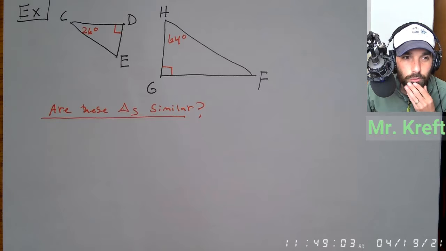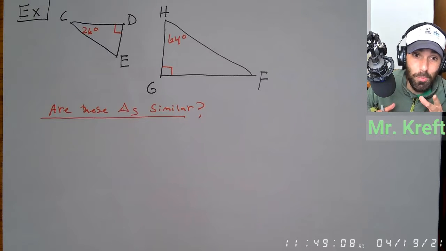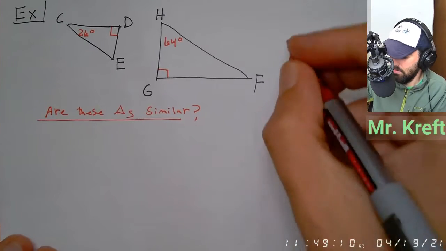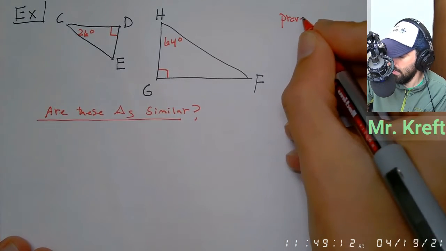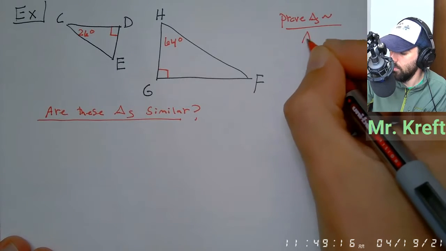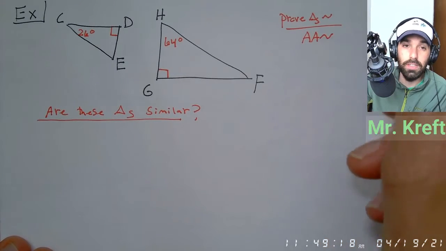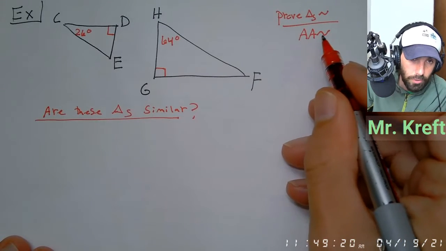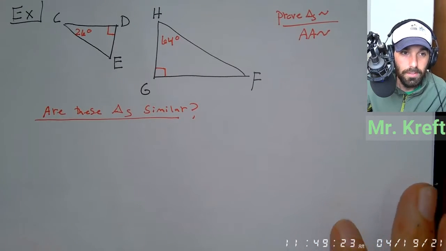So remember, we only have one way to prove triangles are similar, right? So over here, I'm going to write: prove triangles similar. We only have one way, and that's AA similarity. And you just do the AA with the little similarity symbol right after it.